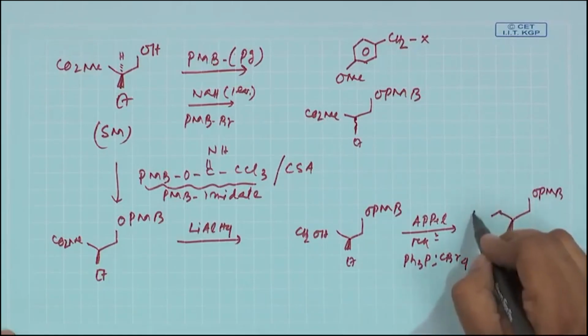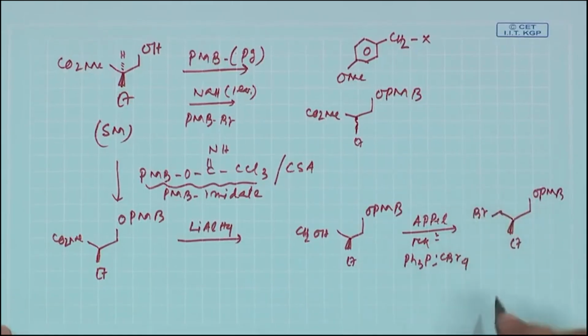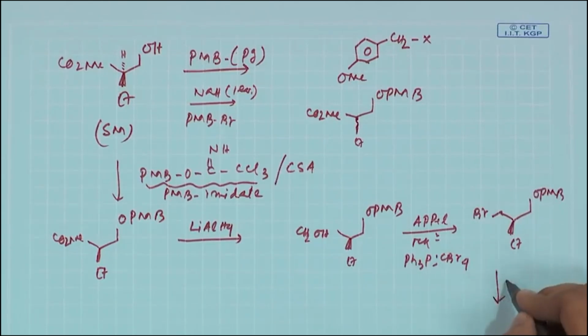this compound. Now, this compound is one of our intermediates, and then if we try to use a vinyl magnesium bromide with a little bit of copper iodide, initially you will basically get a vinyl copper reagent.